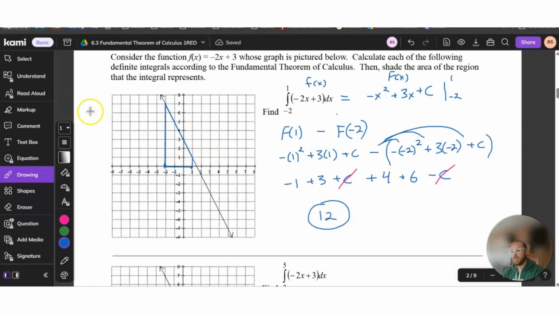My area is going to be the width of 3 times the average of my two heights. This height is 7. The other height is 1. So I get 3 times 8 over 2, which is 4, and the area is 12.